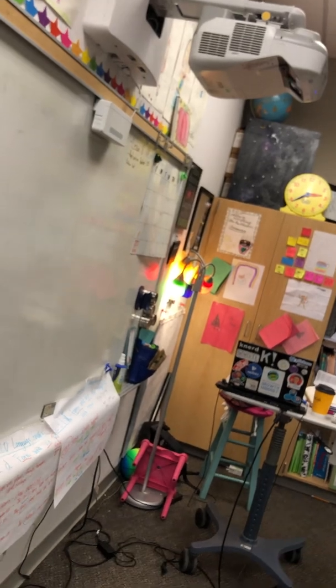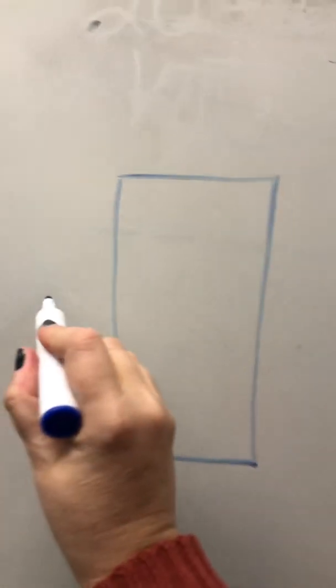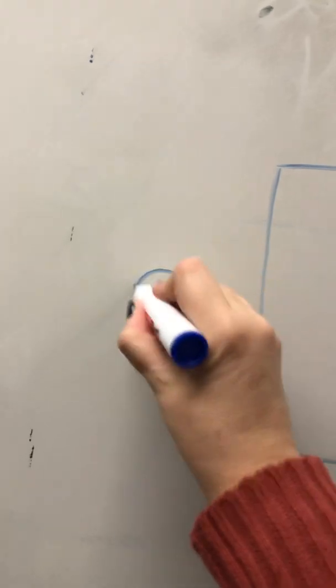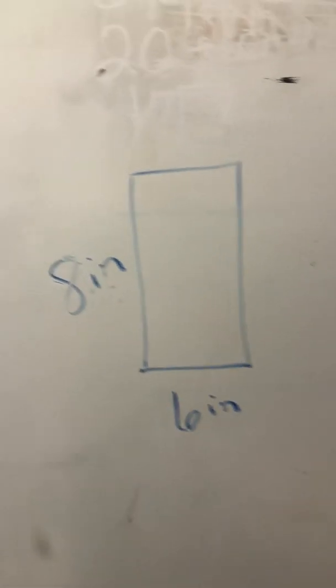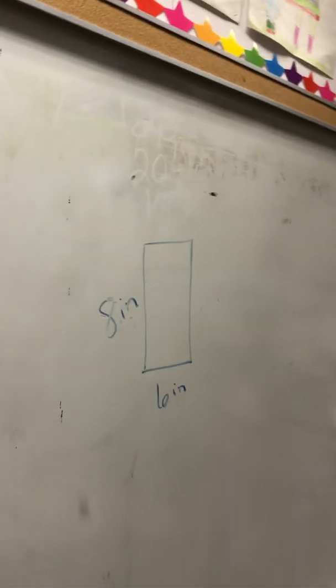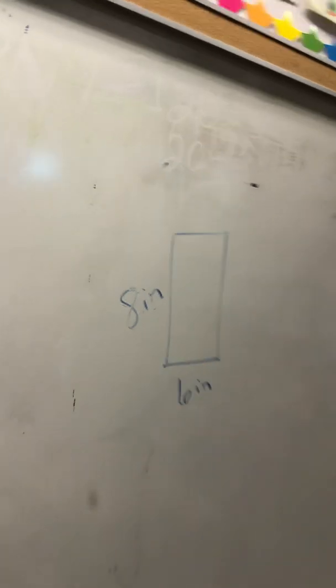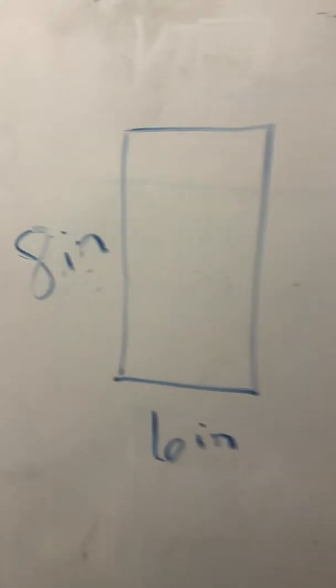And since he's using square tiles, and I know that he has 42, okay, but I know this is, oops, of course the marker stops working. 8 inches by 6 inches. These are not the true dimensions. I did not measure that or use straight edges. All right, so his cardboard is 8 inches by 6 inches.